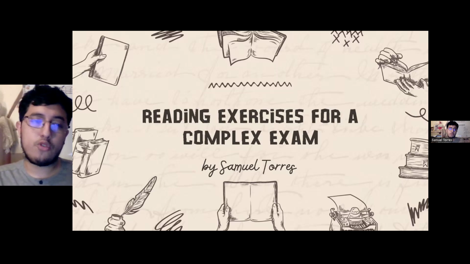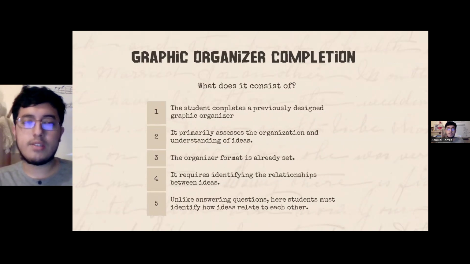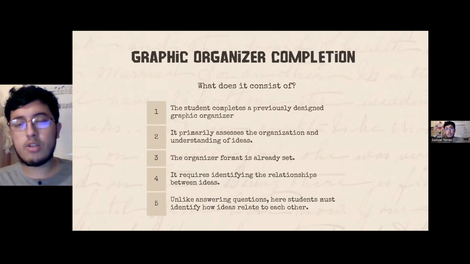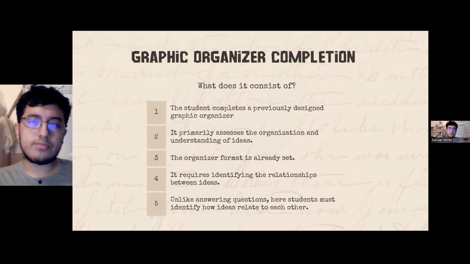Let's start with the first exercise, graphic organizer completion. Those exercises are basically done after the reading, because the student needs to understand well what he read to do these things.